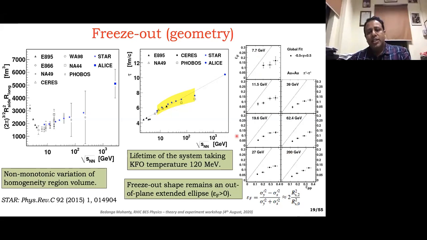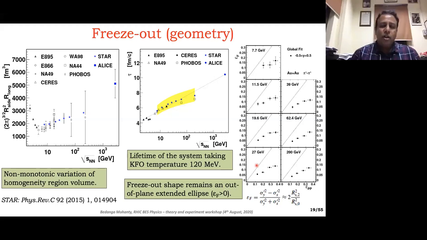These freeze-out eccentricities are plotted as a function of participant eccentricity obtained from the Glauber model. If they would have been the same, they would have followed this dashed line, which is shown in each of the panels. And they all lie below this line, indicating that the freeze-out shape could be out-of-plane extended elliptical in shape.